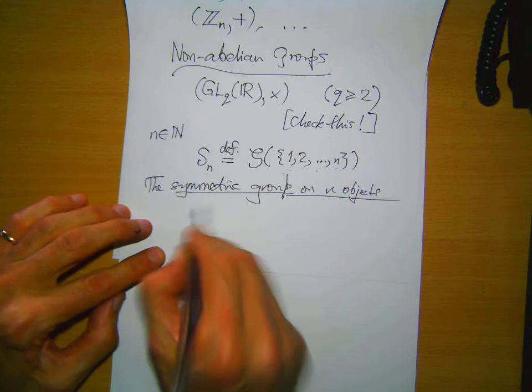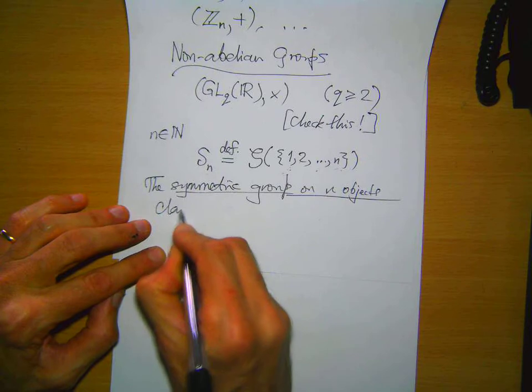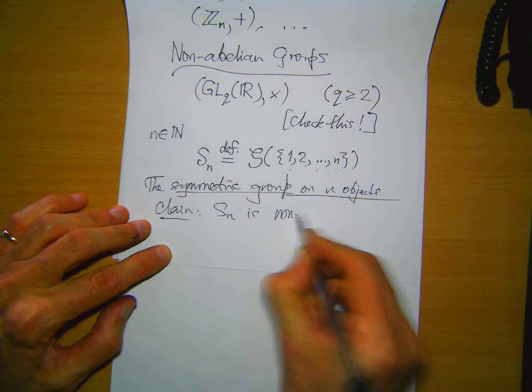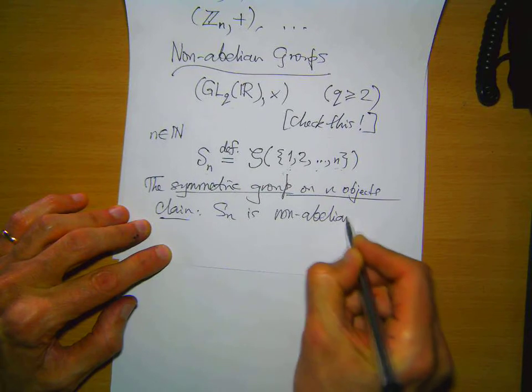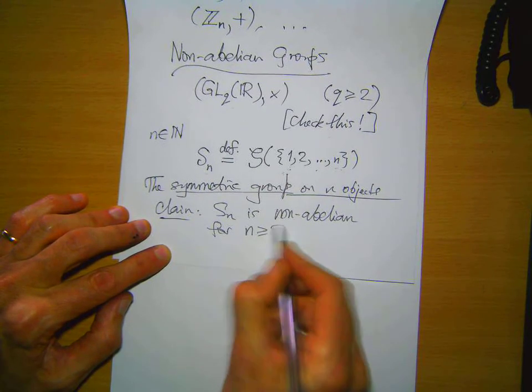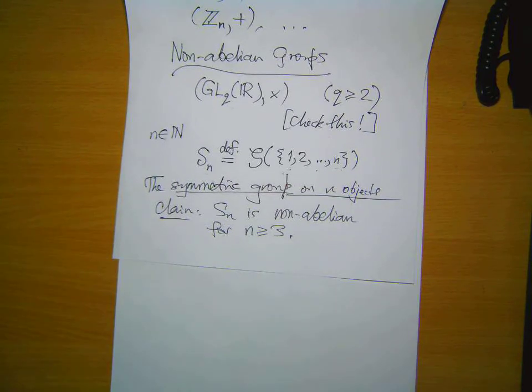Well, the claim is that S_n is non-abelian for n bigger than or equal to 3. And I want to end today's lecture by proving this, and at the same time introducing some very important notation.